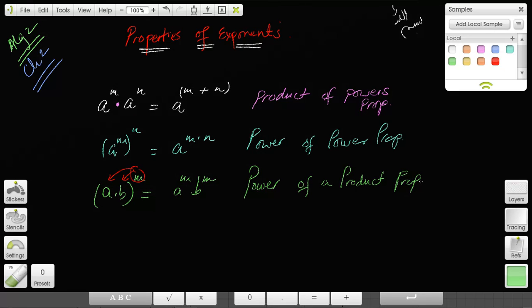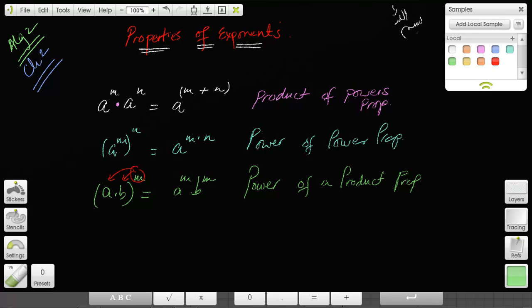To me, it's more important to be able to use these properties correctly than to know the artificial names, but the names are important, and they all make intuitive sense anyway.